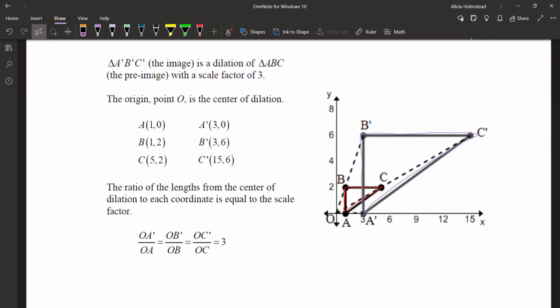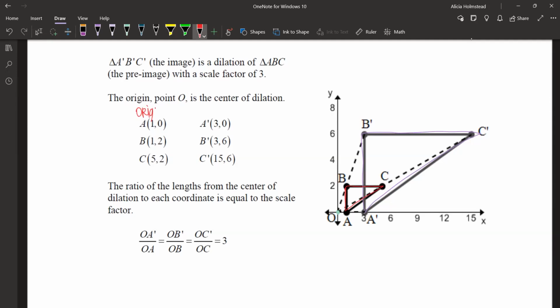So the origin point O is the center of dilation. So that's this point down here. This is our center of dilation. And then it gives us the coordinates of our original points. So these are the original ones. And it also gives us the coordinates. I've got that coloring backwards. This is the original. And then this is the dilation.